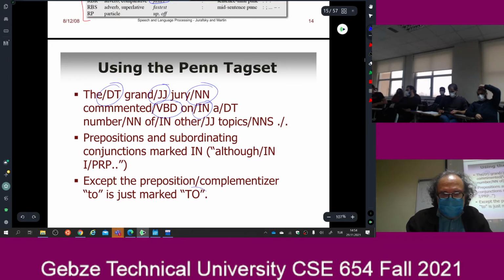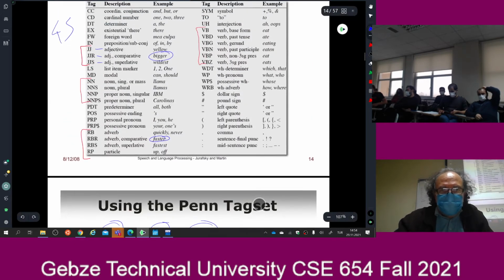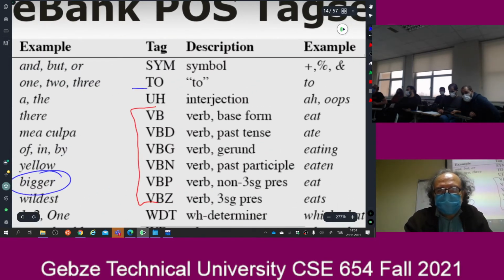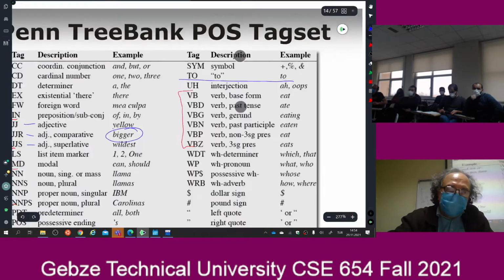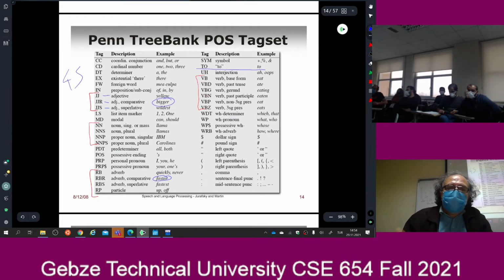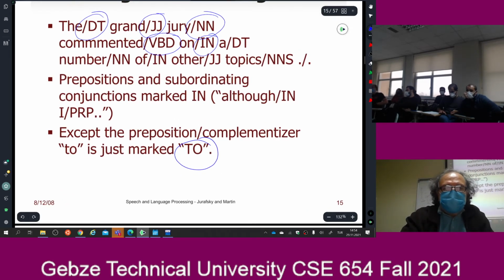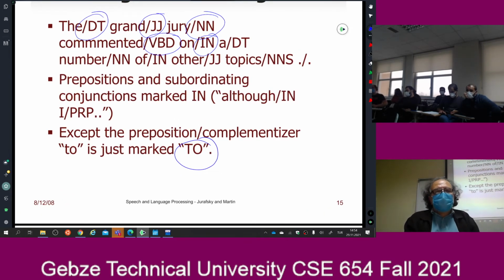TO has its own tag too, but again there is an ambiguity with to. Except for the preposition and complementizer, to is just marked TO.